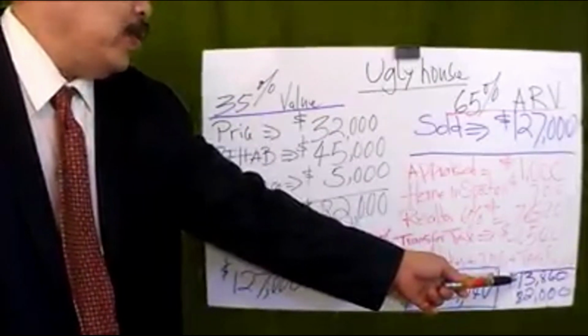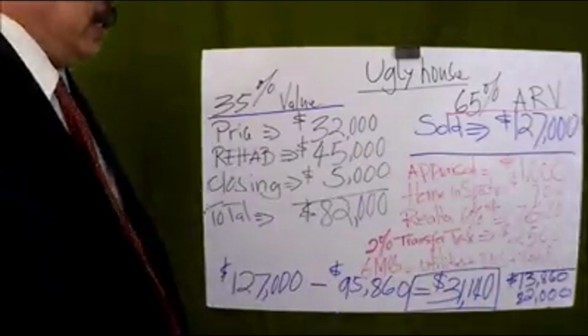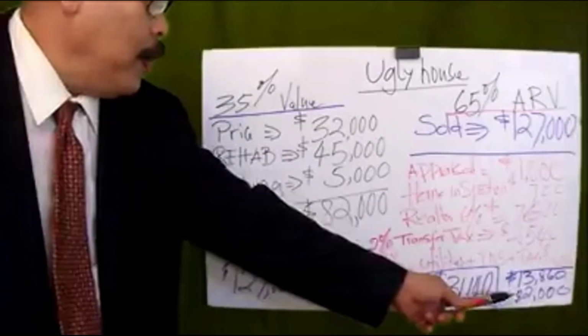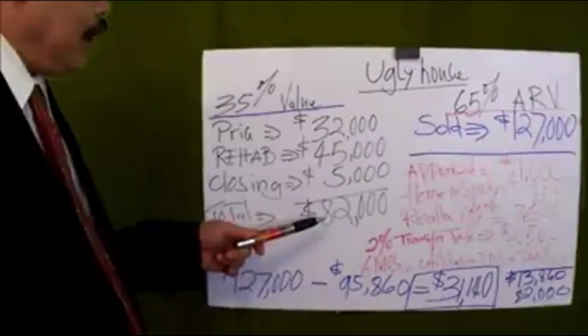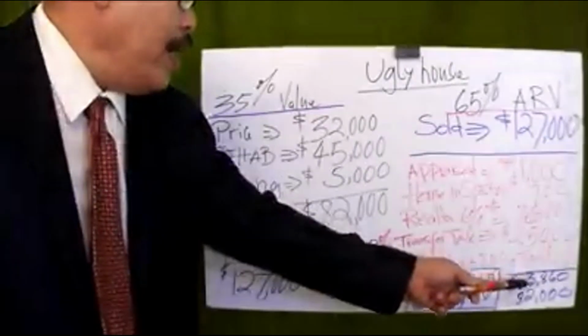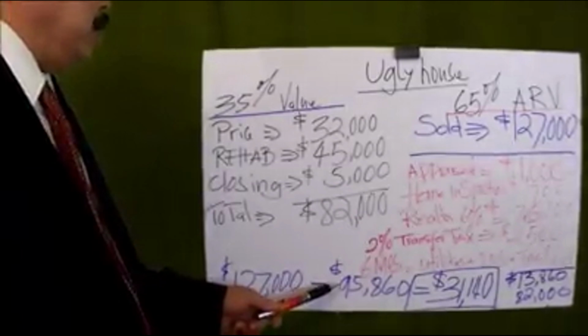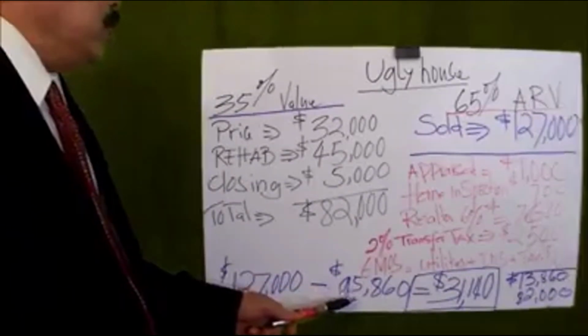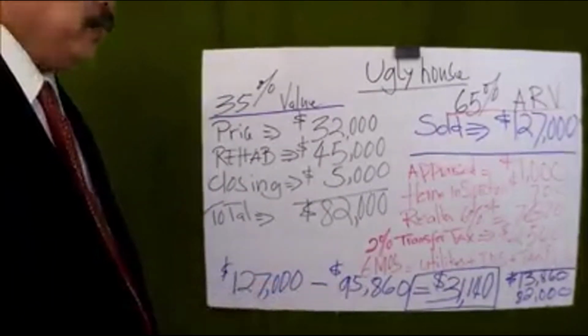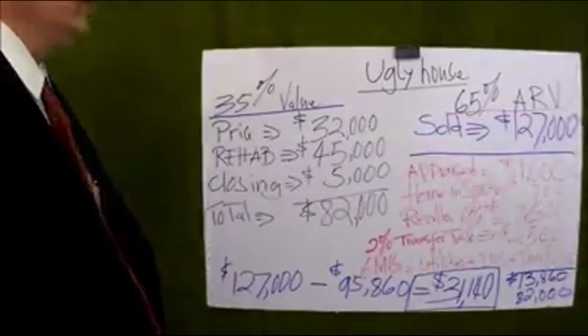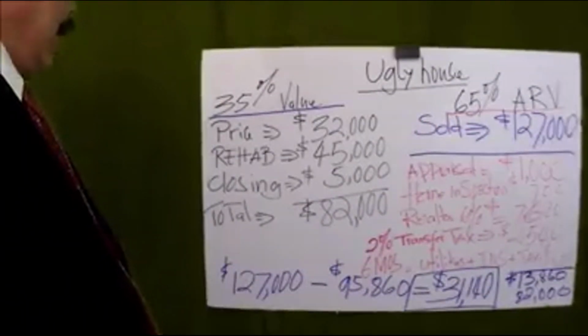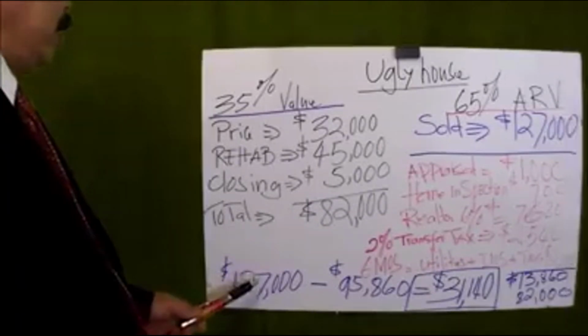It comes up to $13,860, and you add 82,000 from when you purchased the property. Okay, so when you add it up, it makes $95,860. So your property, you sold for 127,000.